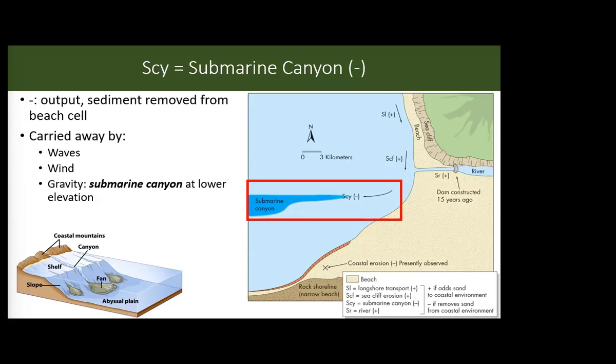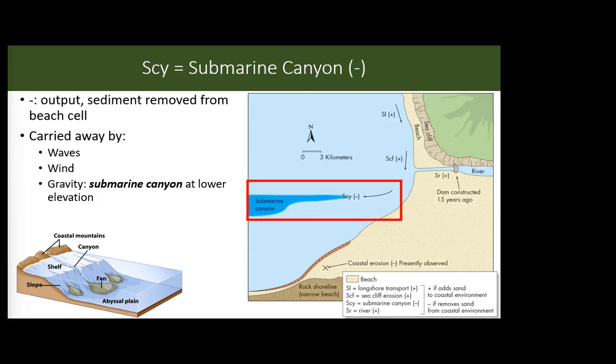So we get these large underwater canyons that are still carrying sediment, and they're going to take it out of the beach system eventually. Those will eventually get deposited on the sea floor, where they're going to stay for probably millions and millions of years until they turn into rock. There's no energy going on at the seafloor, there's no wave action, and the only thing stirring it up is marine life, some bottom feeders, stuff like that.